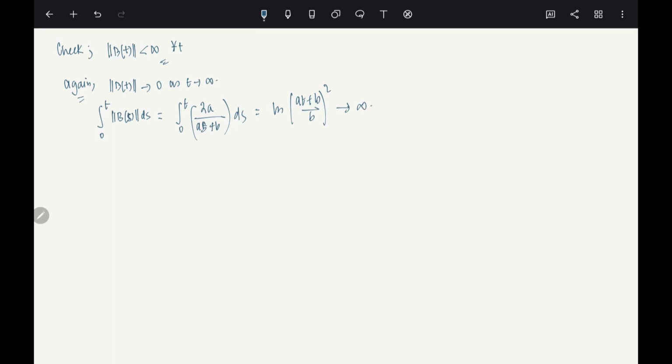So what you can say is, for this problem, all non-trivial solutions are unbounded.